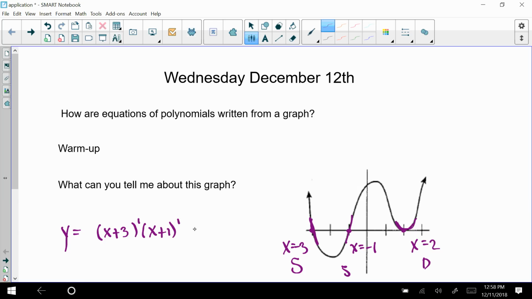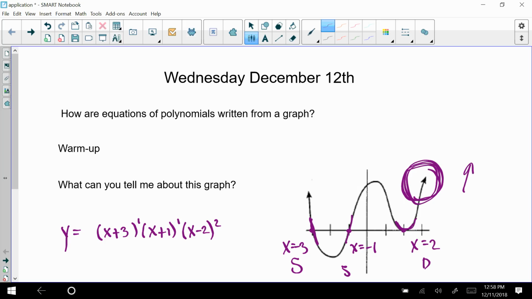And then x equals 2 is going to be an x minus 2, and it's a double root, so I need to square it. And the last thing we want to look at is what the right arrow is doing, because if you remember, the right arrow tells you if you are positive or negative. This is going up, so this graph is positive, so there's nothing I need to write out in the front. And we have the equation.